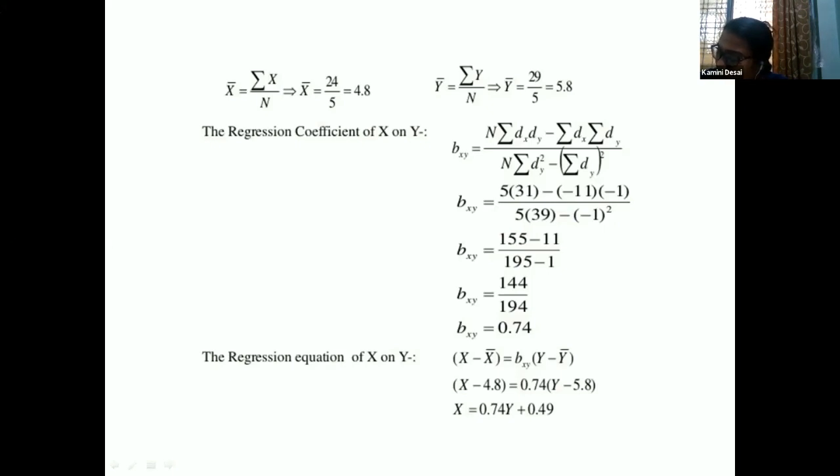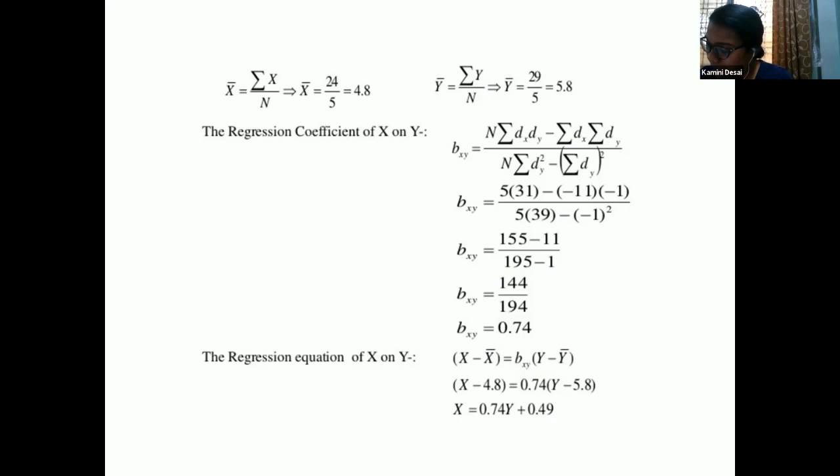So 0.74y minus 0.74 into 5.8, how much does it come to? 0.74 into 5.8 is 4.2.